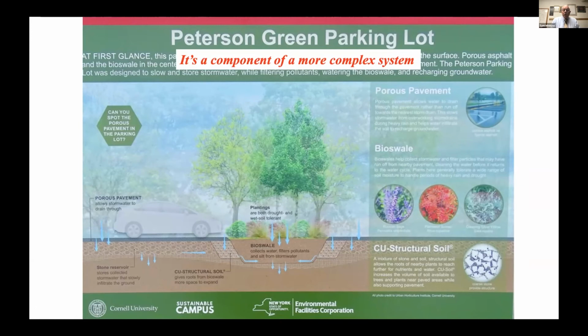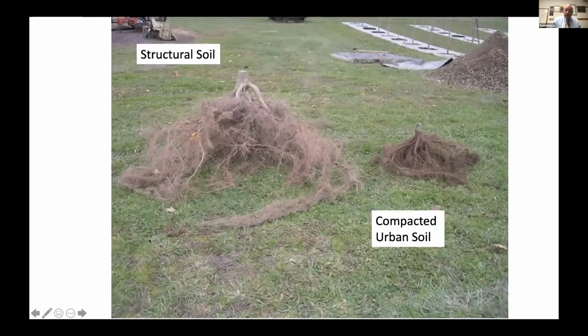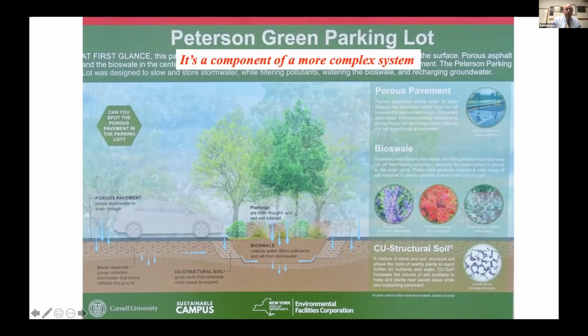But this structural soil is the component of a much more complex and designed system. Depending on which of these kinds of examples you might look at in the literature, up to 48 inches of structural soil is deposited underneath a pavement.